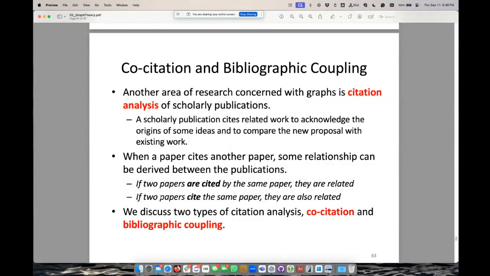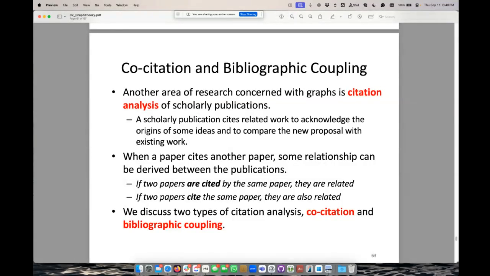And in both cases, these relationships tell us about the nature of these studies. If two papers are cited by the same paper, like all the references, they probably are in the same field of research, same discipline, or even if they are in different disciplines, they may be attempting to solve the same problem from different perspectives or different approaches.